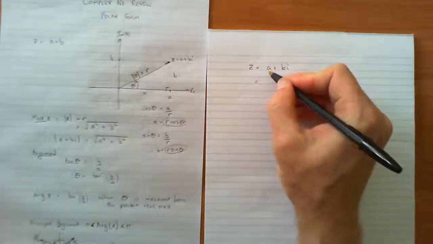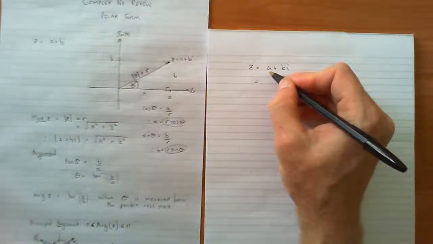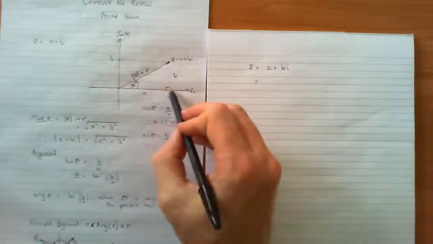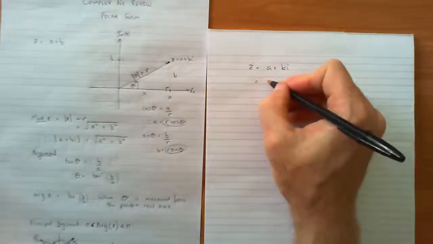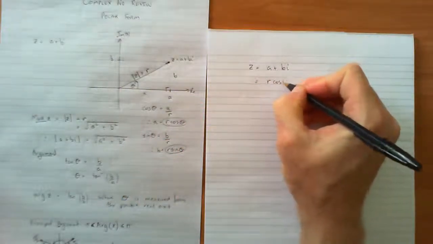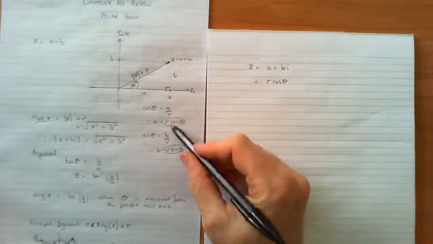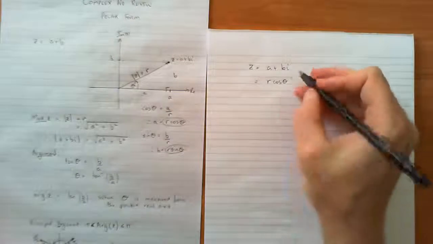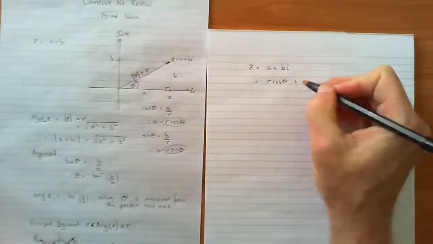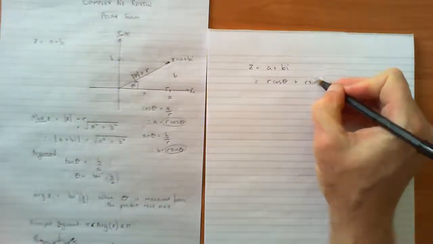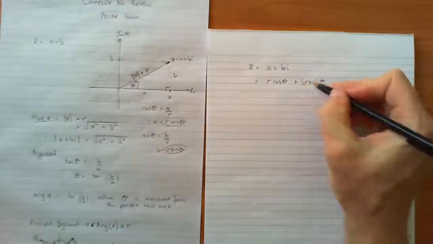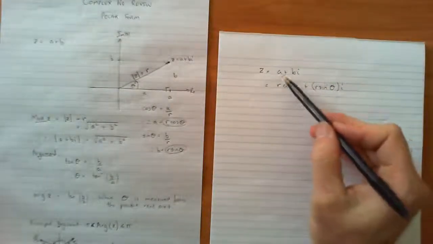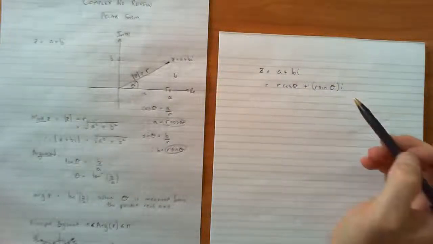So instead of a, we could actually say a is no longer just a distance here. We can call it in terms of the polar coordinates of r and theta. R cos theta plus r sine theta multiplied by i. So what I've really got there is the a plus bi.